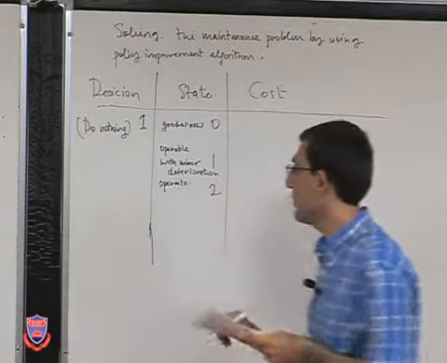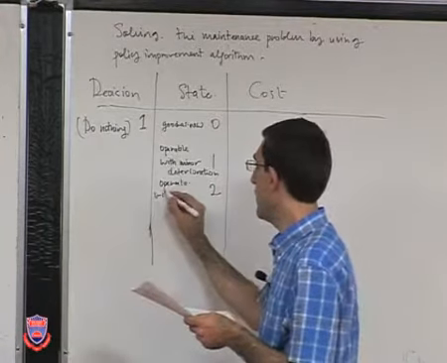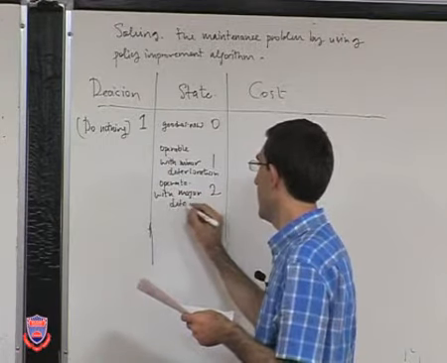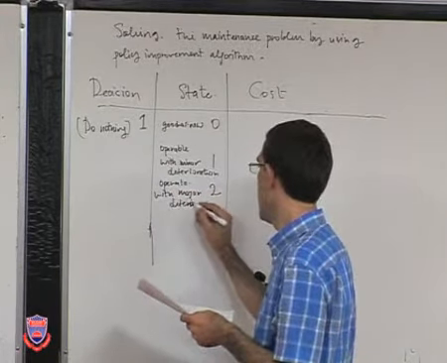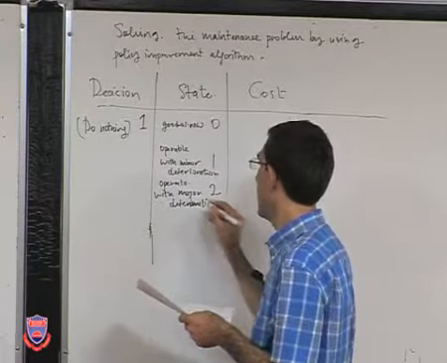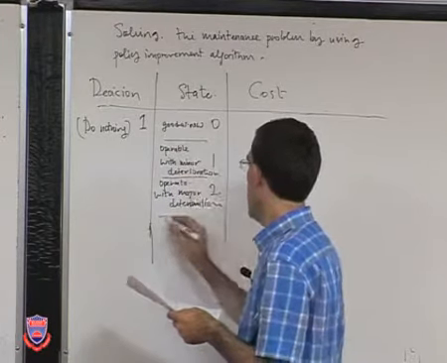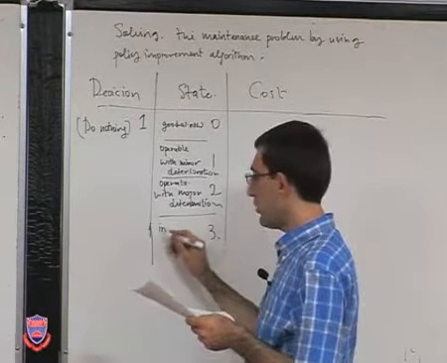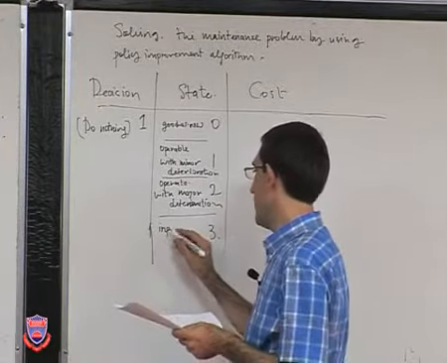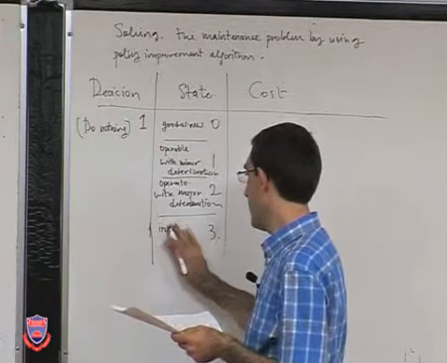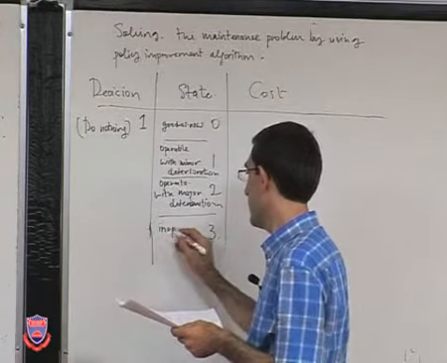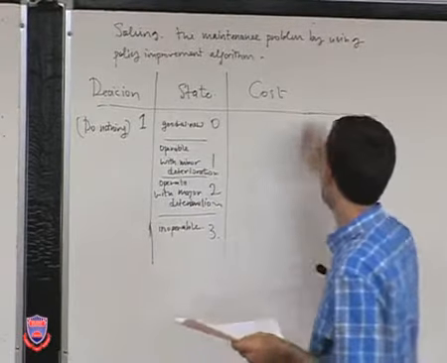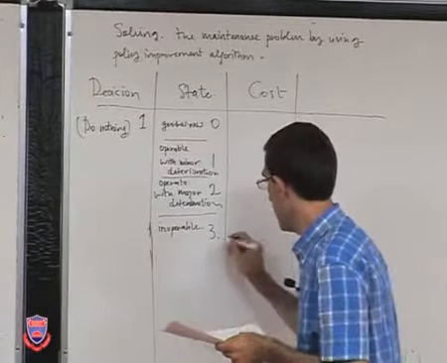The machine is operable if it is in this state with major deterioration. Okay, and finally state 3, which corresponds to the state of machine in an inoperable state. All right, and we have the costs, right?